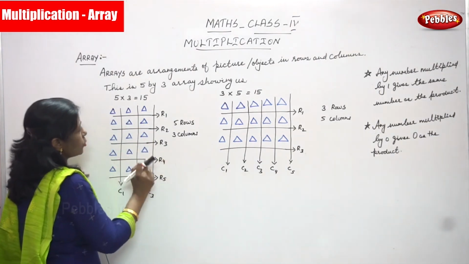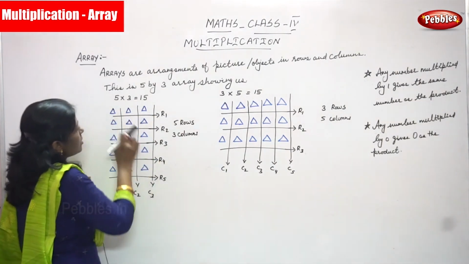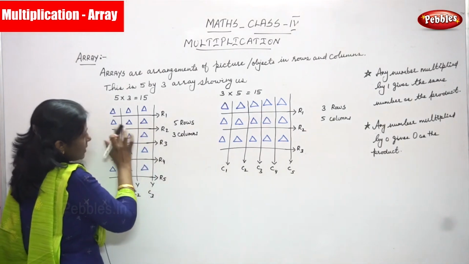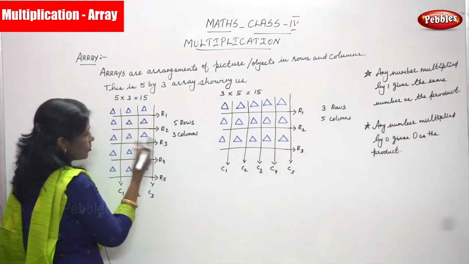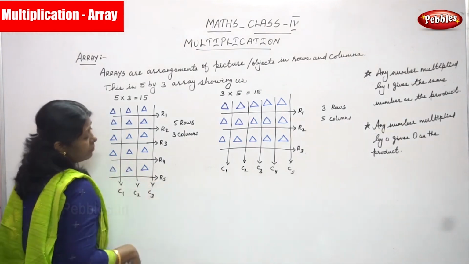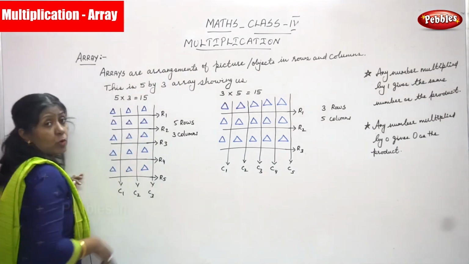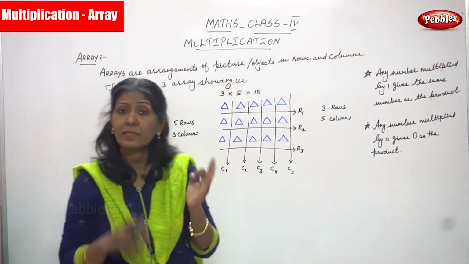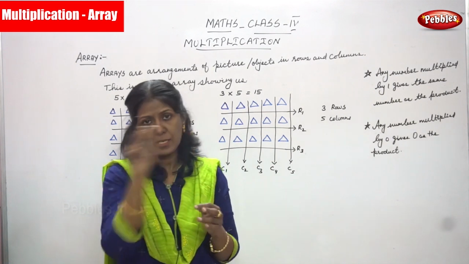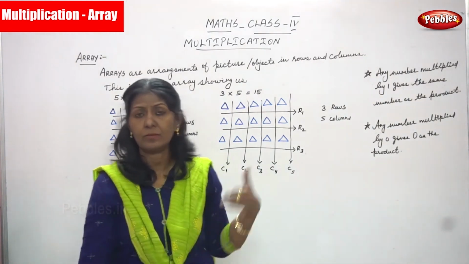The second row also has 3 triangles, the third row also 3, the fourth row also 3, and the fifth row also 3 triangles. So in each row, there are 3 objects, or 3 triangles, or 3 pictures.